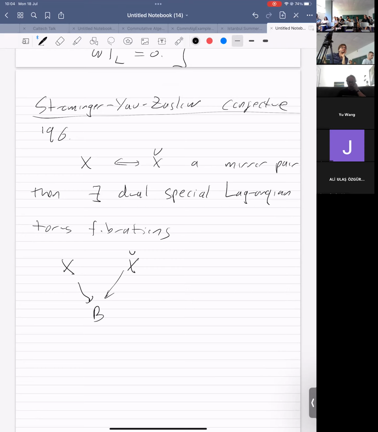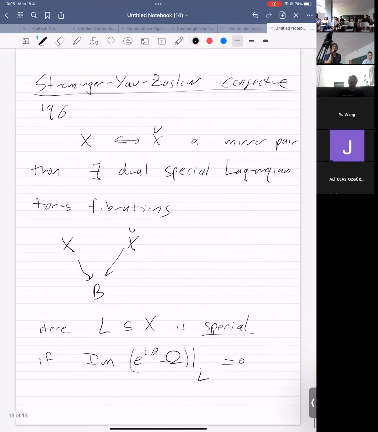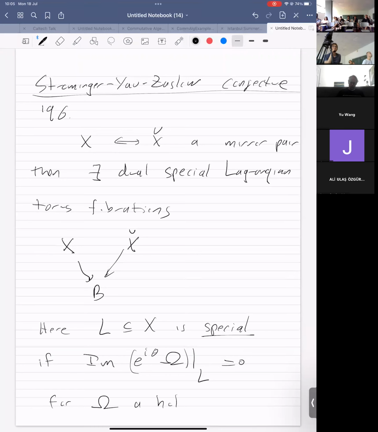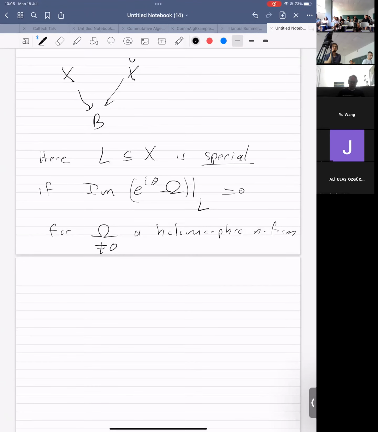Now, what does special Lagrangian mean? Here L contained in X is special Lagrangian, or just say special, if the imaginary part of e to the i theta times omega restricted to L is equal to 0, for omega a holomorphic n-form, nowhere vanishing, not equal to 0, and theta some angle.